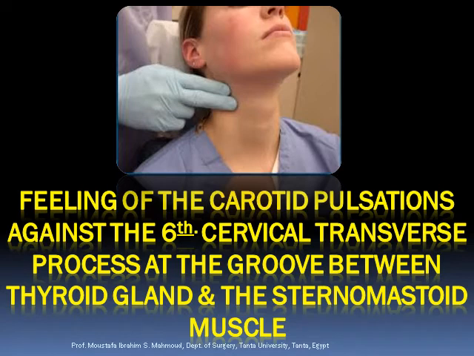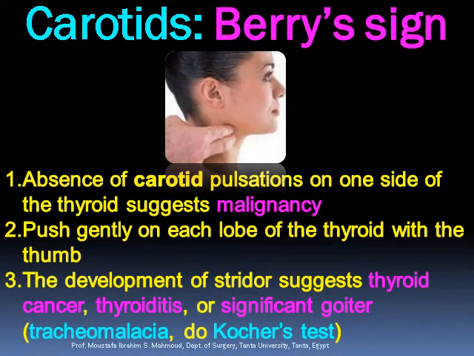Feeling of the carotid pulsations against the sixth cervical transverse process at the groove between the thyroid gland and the sternomastoid muscle. The Berry sign. Absence of the carotid pulsations on one side of the thyroid suggests malignancy.